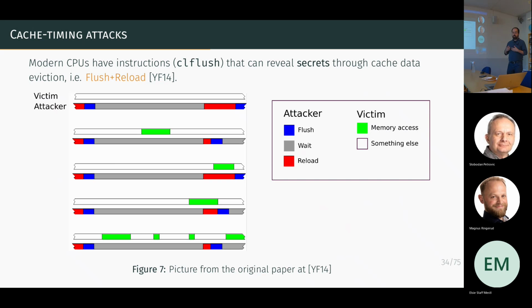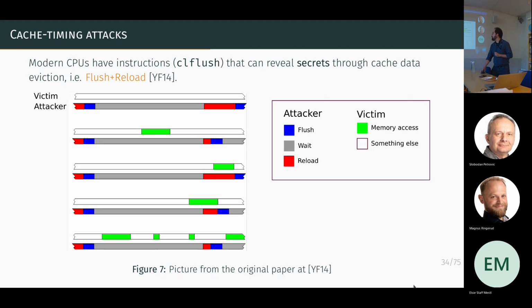How does it do this? It evicts some address in the cache line, spends some cycles waiting, a slot of waiting cycles, and then tries to read that address again. If the other process meanwhile used that address, the read that comes later is fast, so it's a cache hit. If it's slow, it's a miss.